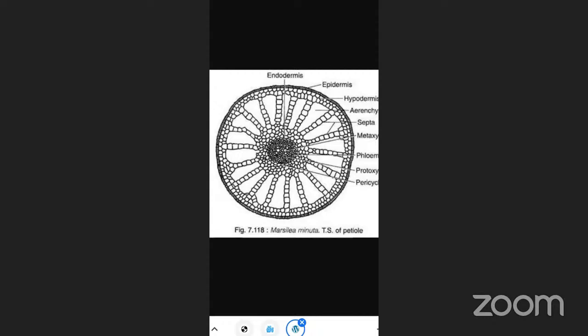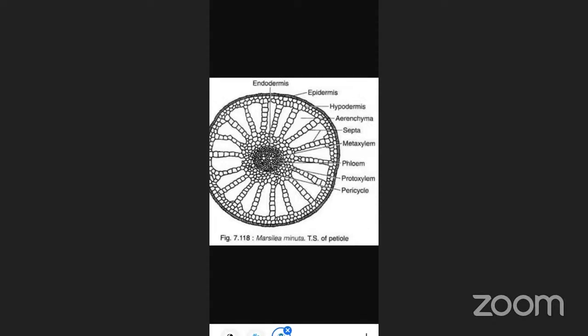The petiole also has a number of air chambers. Below the epidermis is the hypodermis, a sclerenchymatous tissue, which gives strength to the petiole.